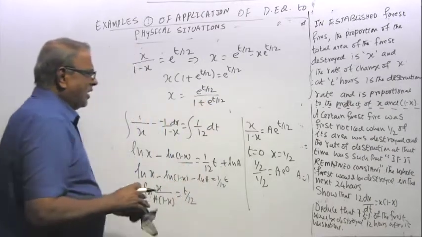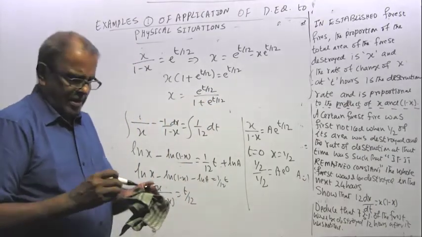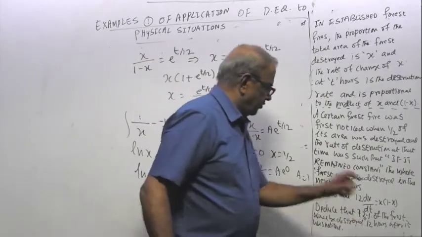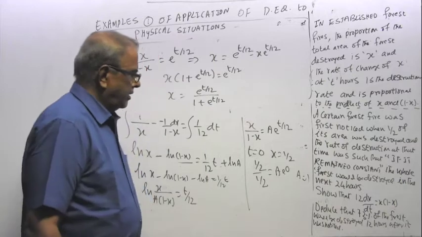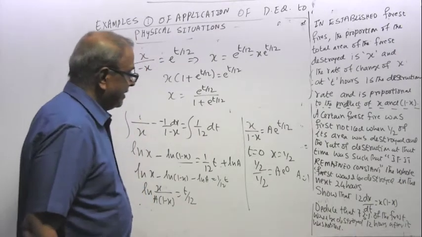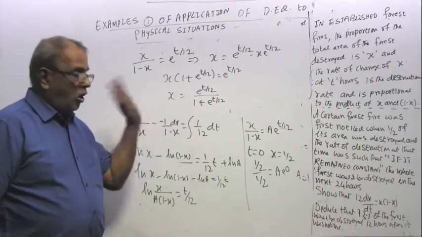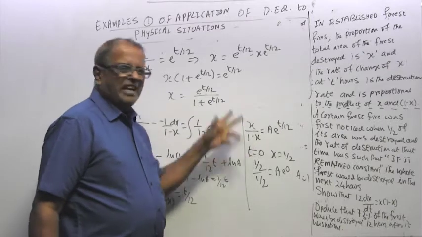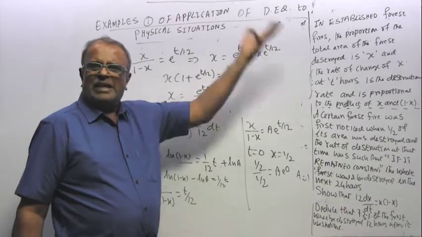You might be wondering, why am I doing this? I'll tell you why. I could straight away put t as 12 hours and then find x. But then when I want to find x, I'm going to have a decimal, and I'm going to multiply x with a decimal.